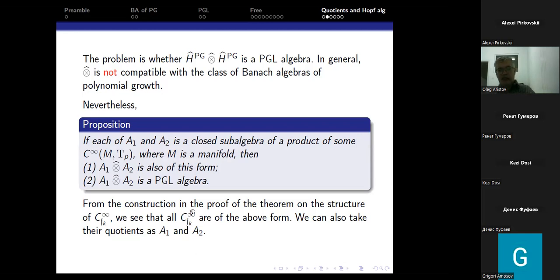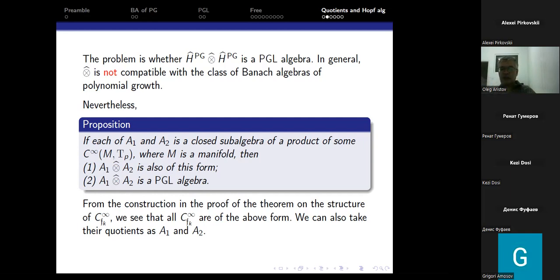But nevertheless, we can prove that we have no problem if we take algebras that are closed subalgebras of a product of some C infinity of M to TP, some manifold M. And so in this case, A1 times A2 is also a closed subalgebra in the product. And this tensor product is a PGL algebra.